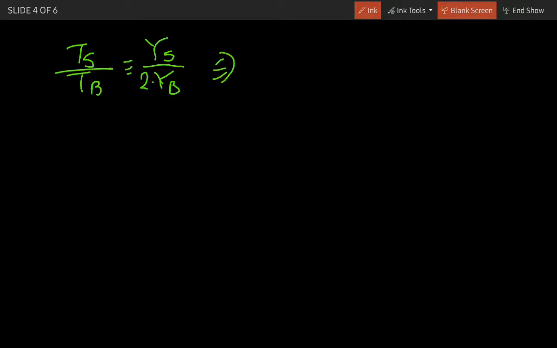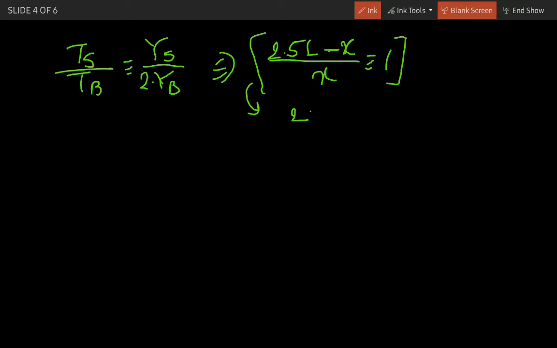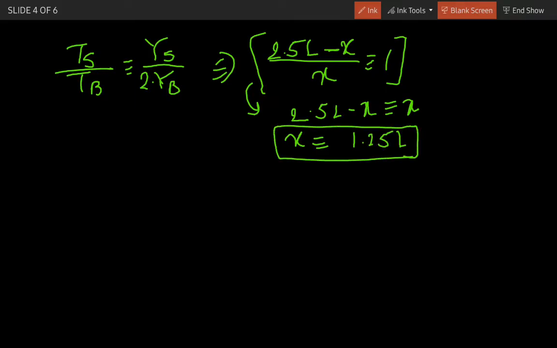Solving further, we get 2.5L minus x upon x gives us 1. On solving this, 2.5L minus x equals x, and x comes out to be 1.25L. So finally we have found the value of x which was asked in the question.